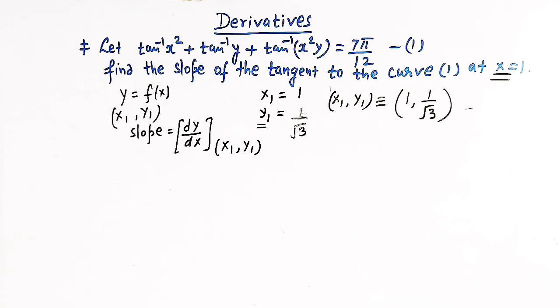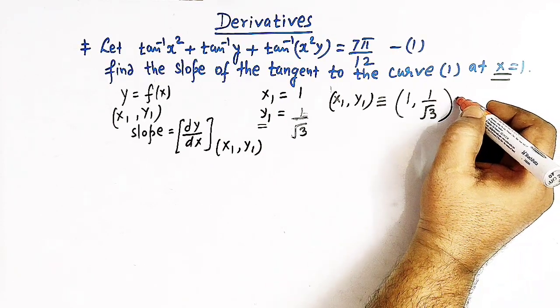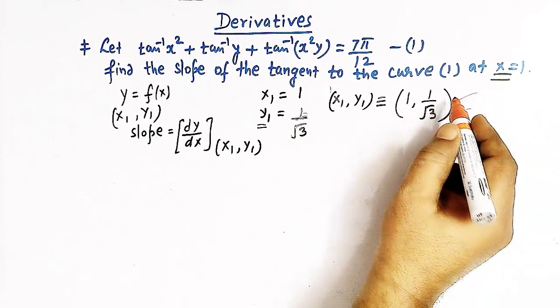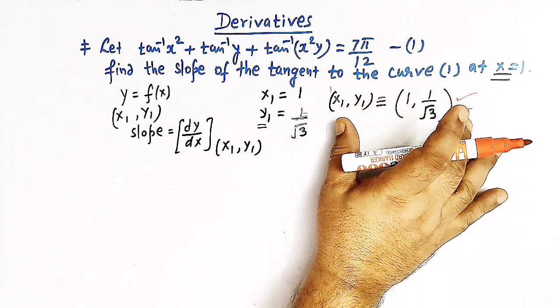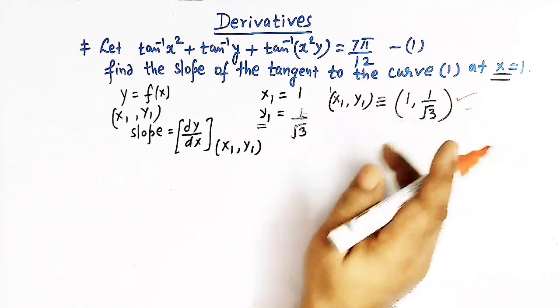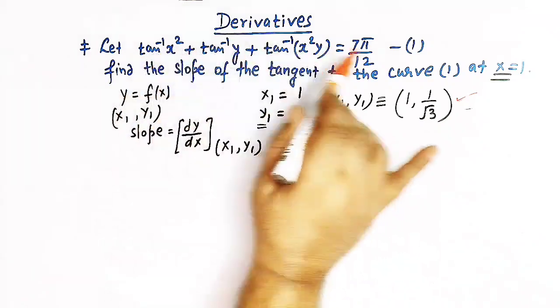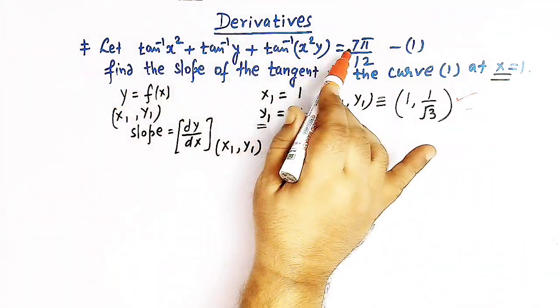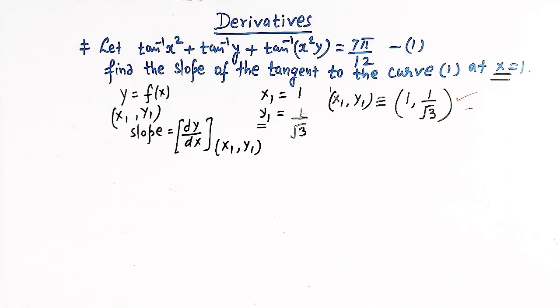So now we have obtained the coordinates of the point where the slope of the tangent is to be calculated. Now let us differentiate equation 1 both sides with respect to x.